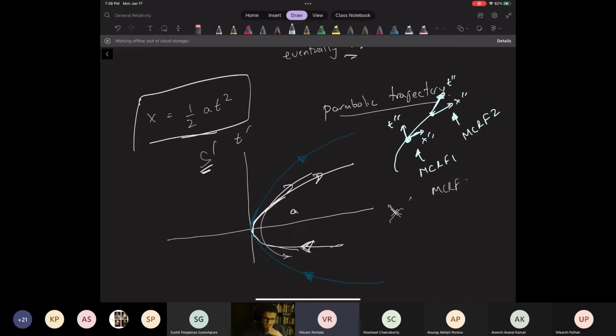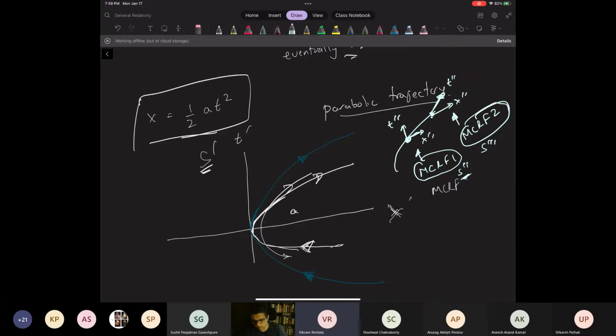And so as seen in the original MCRF, after the particle has moved, the particle is now at a different position and has a non-zero speed as measured in the original MCRF. But if I switch again to the new MCRF, in the new MCRF, the particle is at rest. That's what we mean by the MCRF: I don't stay in this reference frame S, S double prime, or S double prime and S triple prime, once the particle moves.